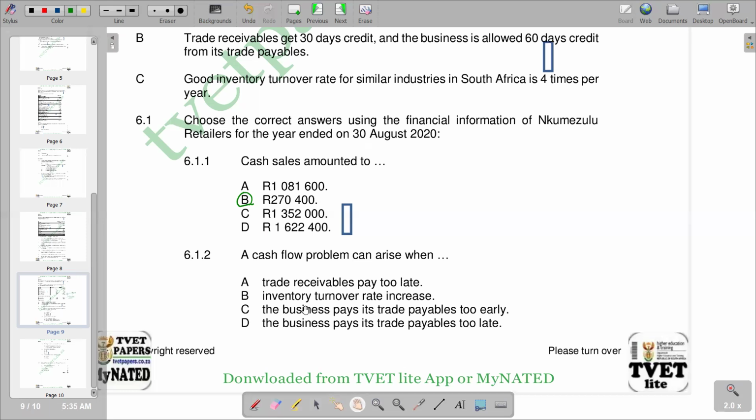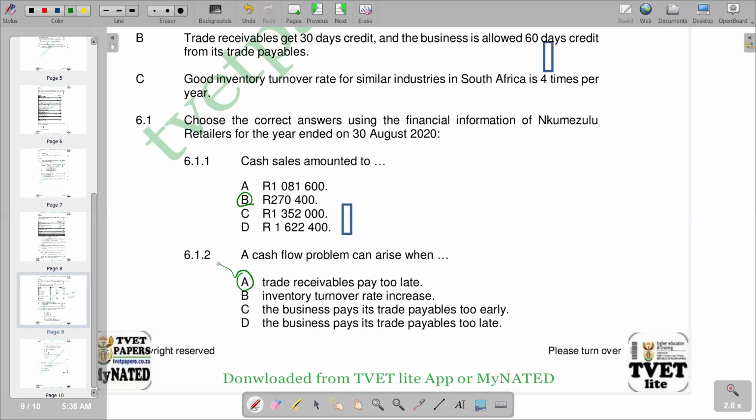But you see that the one which is very immediate is that of trade receivables paying too late. Trade payables are an obligation that we have to pay. So you see that the most correct one, according to the responses we are given, is A. So we have A as the answer there.